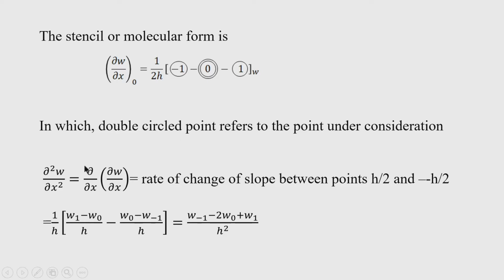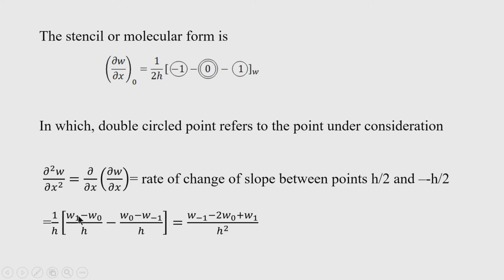Now, if I calculate the second derivative of the expression, then the rate of change of slope is to be evaluated. So, del by del x of del W by del x. This quantity we have already calculated. So now this can be calculated as 1 by h, because we already calculated del W by del x, and we again take the rate of change of this quantity.